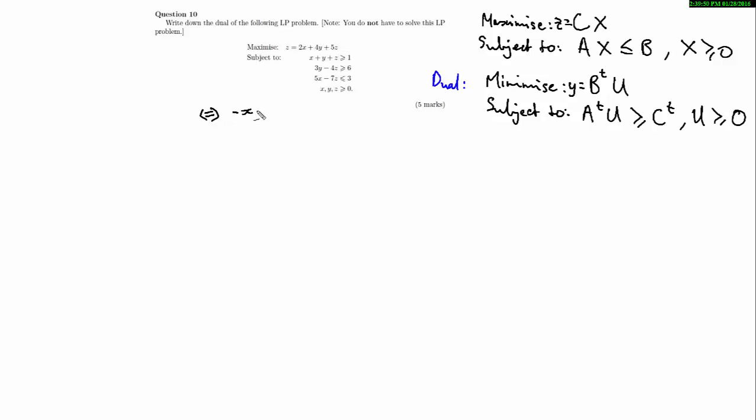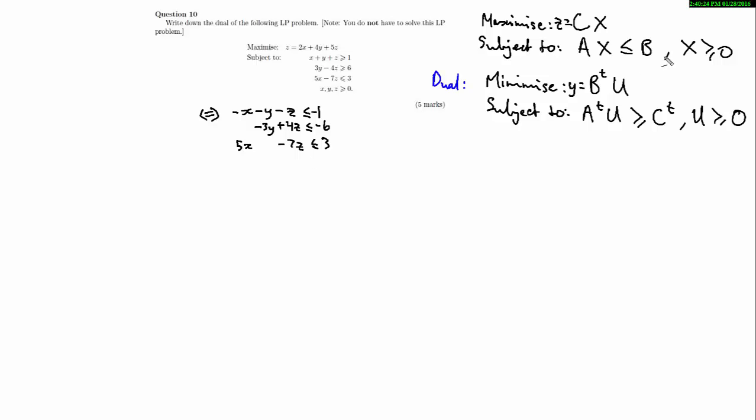So we have minus x minus y minus z is less than or equal to -1. Now the second constraint, we have minus 3y plus 4z is less than or equal to -6. And the final constraint doesn't change at all, so we still have 5x minus 7z is less than or equal to 3.